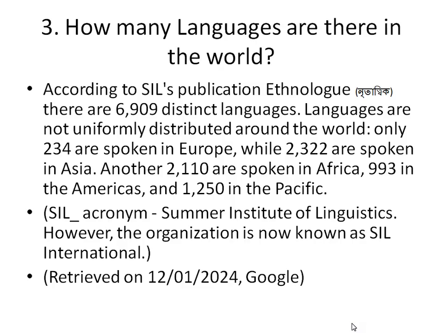Okay, that is living languages, and languages are not uniformly distributed around the world. That means, how many continents are there? 7 continents. Out of the 7 continents, apart from Antarctica, in every continent you will see people living.